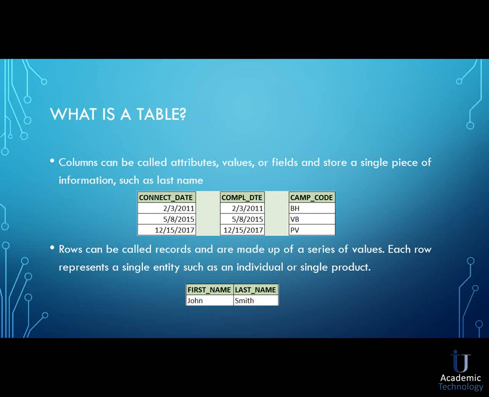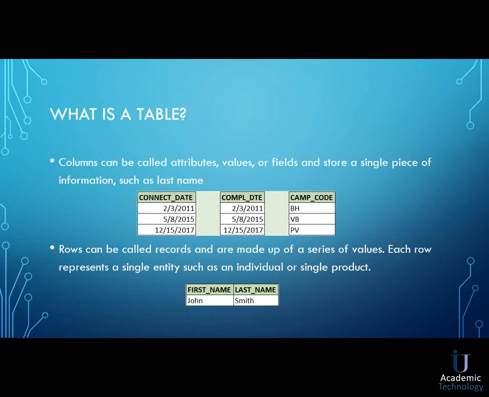The other thing with column names is you cannot have duplicate column names. So you can't have connect date and then have another connect date. Each column has to be unique throughout, for obvious reasons.